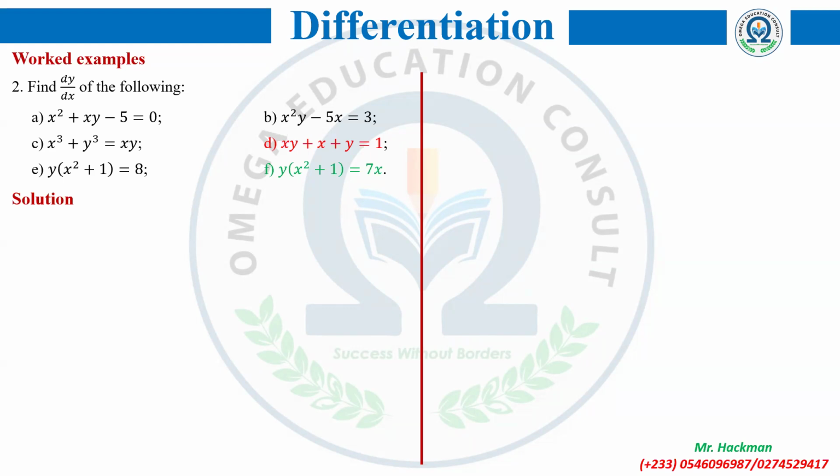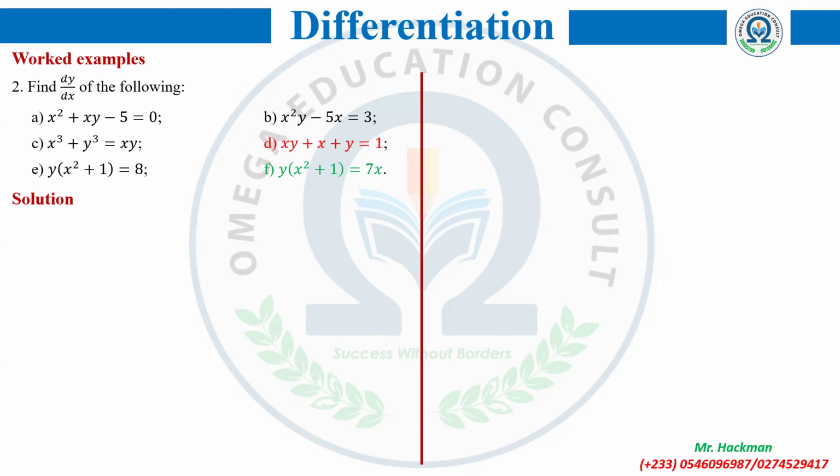Remember, in our last meeting, all the functions and relations that we differentiated had terms that were either in x or in y. Now, if you look at the second worked example before us, you can see that some of the terms are in both x and y, and we have an equal sign as well.